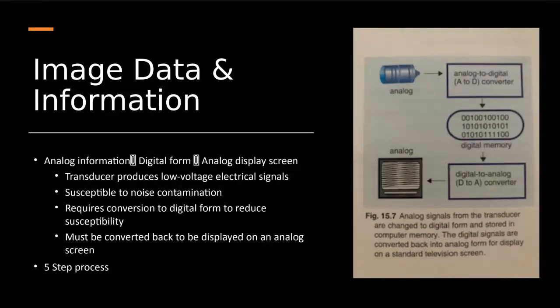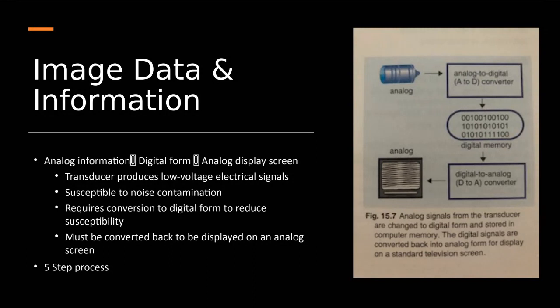Next, we're going to talk about our image data and information. As I said, the conversion process is not done, right? Even once our system processes those reflected sound waves into electrical energy, we're still not done with converting that picture information. We're still using analog processes, even though we are a very digitized process now in terms of clinical imaging.